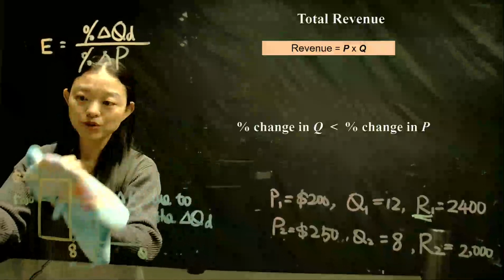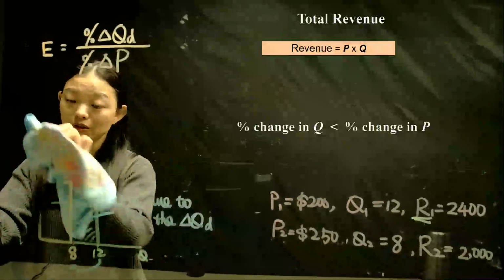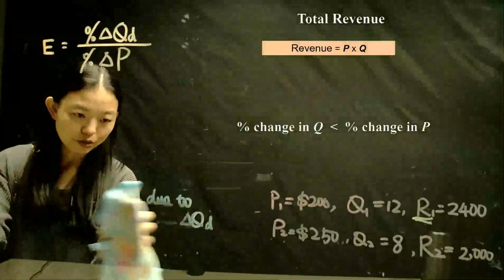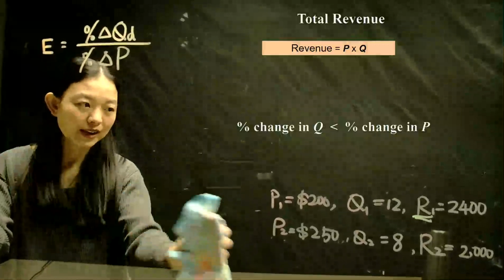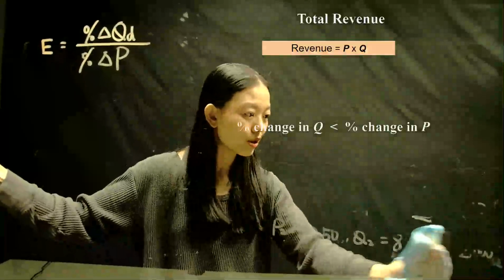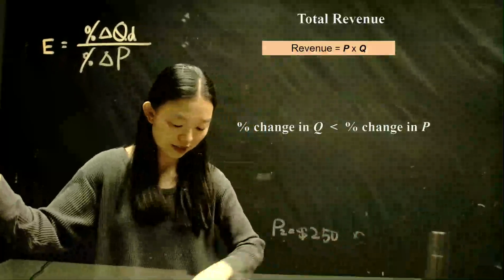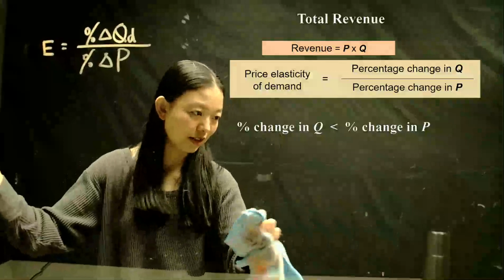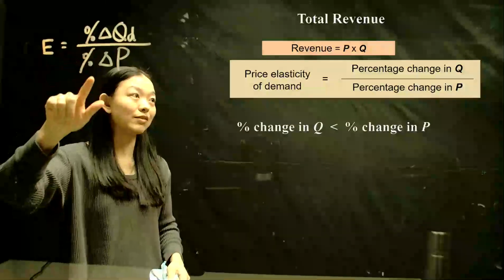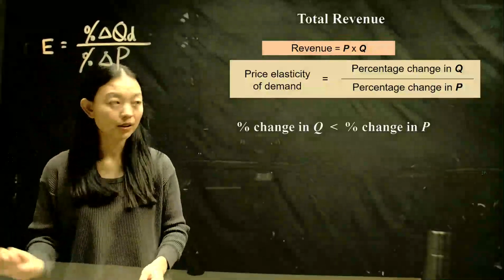We know that total revenue still equals price times quantity demanded. So using the price times the quantity sold, we can get the total revenue. And we also know that price elasticity, as usual, equals percentage change in quantity demanded divided by percentage change in price.